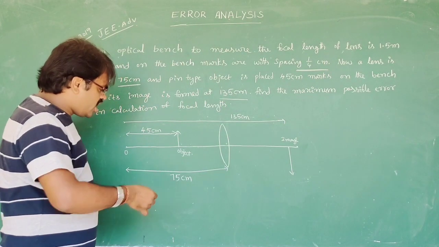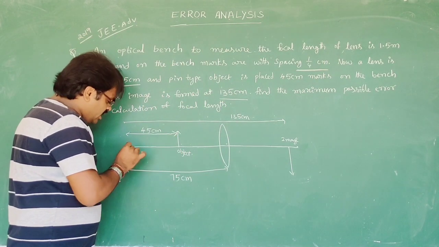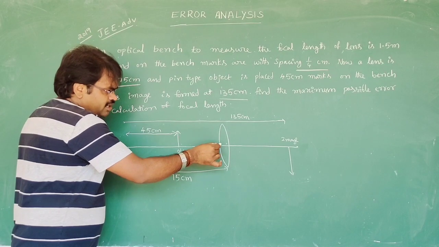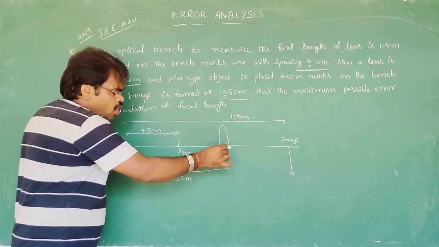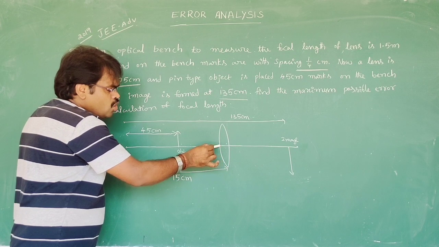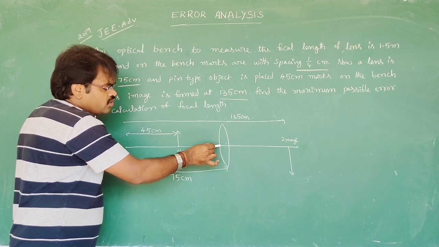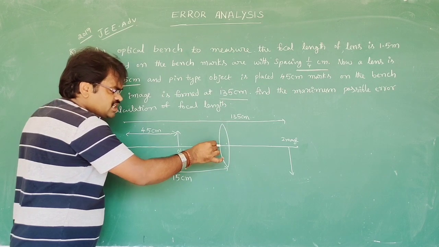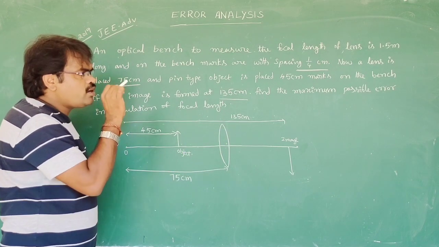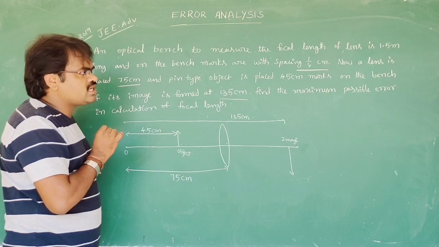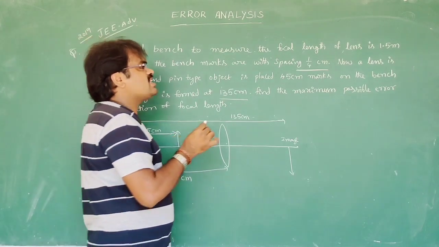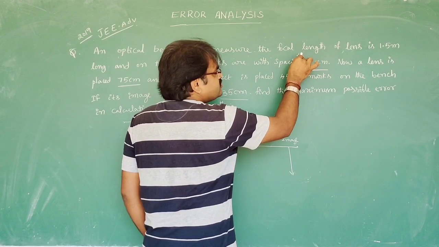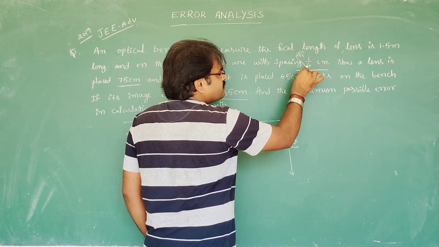That means the lens is noted at 75 centimeter, and the spacing of the marks is 1/4 centimeter. That is called the error. This value is the error.